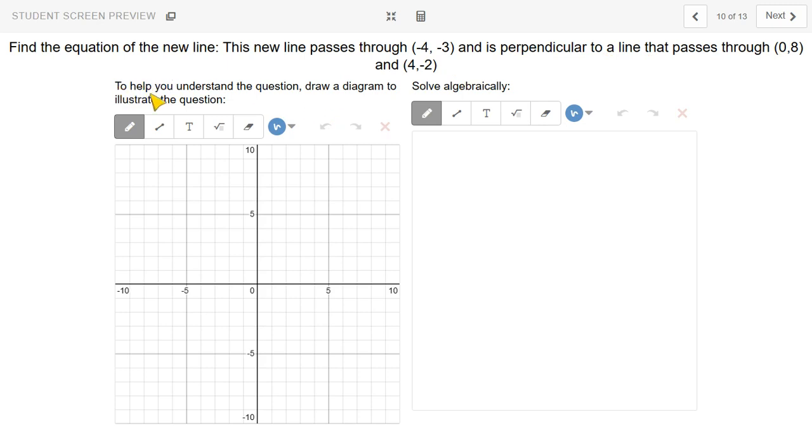Now, first, to help you understand the question, I'd like to draw it on a graph so we can illustrate it visually before we solve it algebraically. So first, let's look at the original line. The original line, (0, 8), and (4, -2).